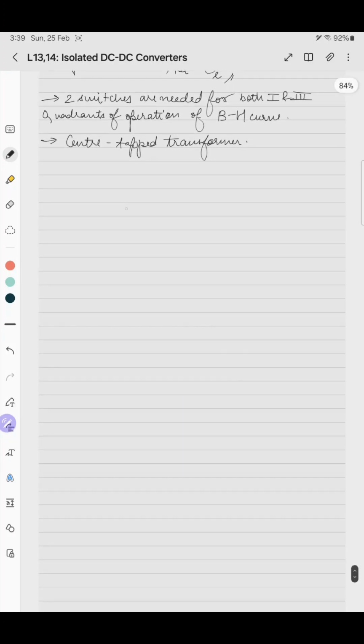So first I will draw the transformer. First we'll draw the primary. We are not bothered about the secondary. This is NP is to NS. So this is the dot convention for the windings.